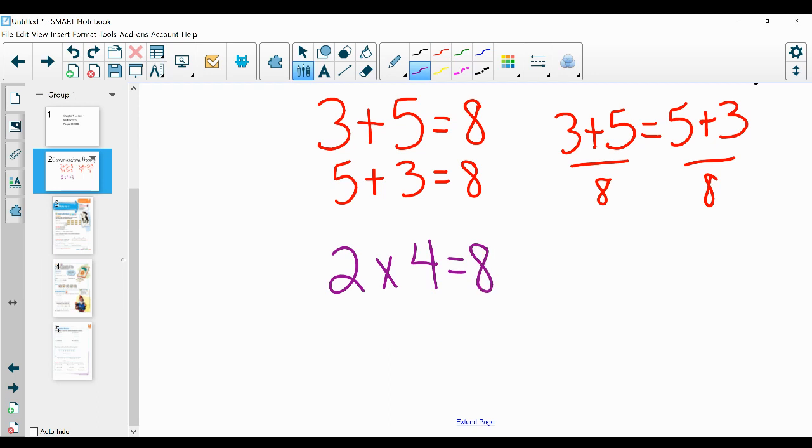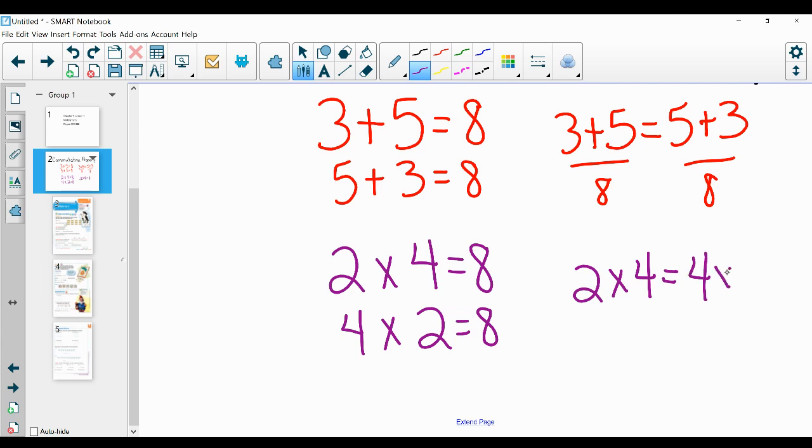You can switch the factors around for 4 rows of 2, which also equals 8. You can also express it this way. 2 times 4 is the same as 4 times 2, because this side equals 8 and this side equals 8.